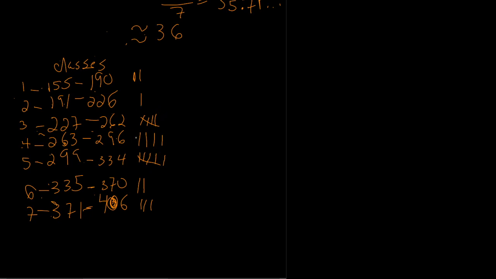I'm now on 271. 345. 312. 293 here. 195. 168 and 342. And so we see that we've put all the data into different bins.